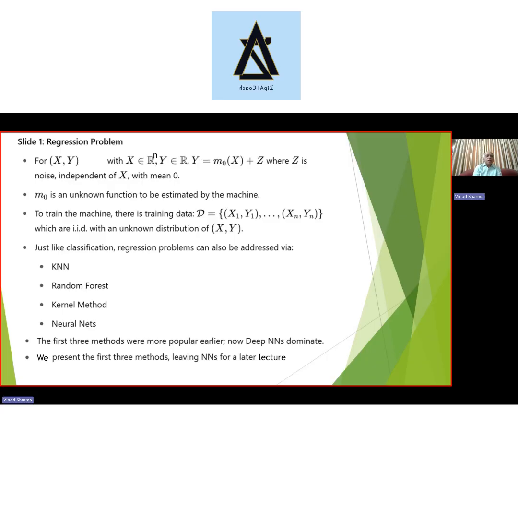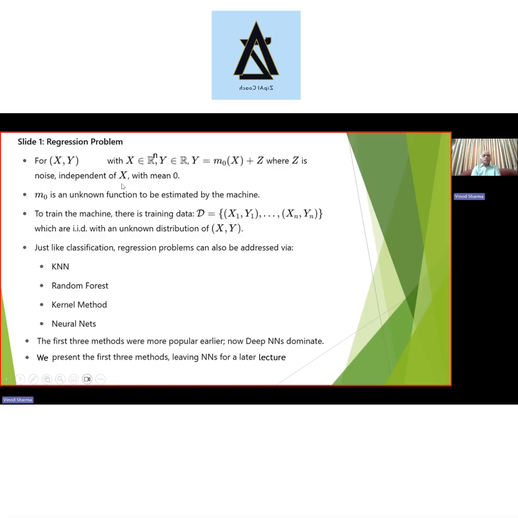Remember, xi and yi are the samples, xi are the observations, and yi are the corresponding labels. If it was a classification problem, yi would belong to a finite set of labels, but in a regression problem, x belongs to Rn, and y may also be a real value, where x and y are related by y equal to m naught of x plus z, where z is some noise independent of x with mean 0, and m naught is some function, which can be a nonlinear function. m naught is the unknown function here.